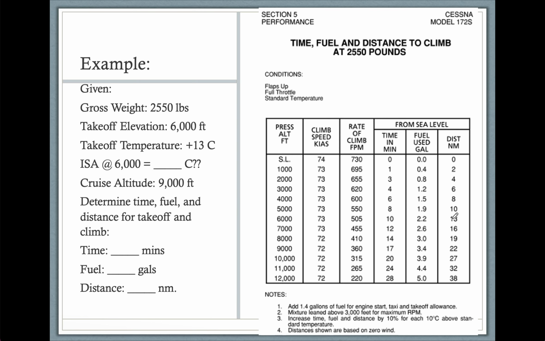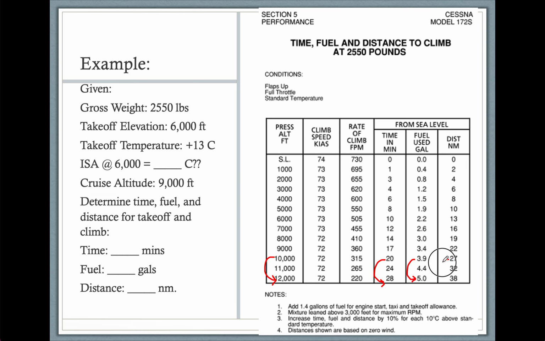Okay, and it'll be very obvious, those of you who are listening to this part of the video and those who skipped through it, because what if you don't start from sea level? What if I start from 10,000 feet and I climbed to 12,000 feet? Well, that means I started from this number and went to that number. I need to find the difference between this number and that number.